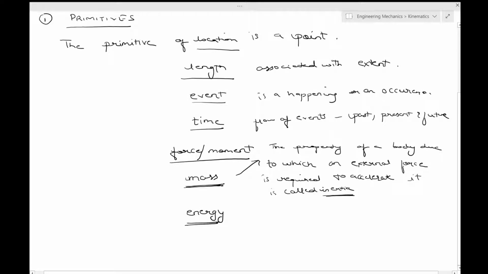See, the set of all possible locations is a primitive.